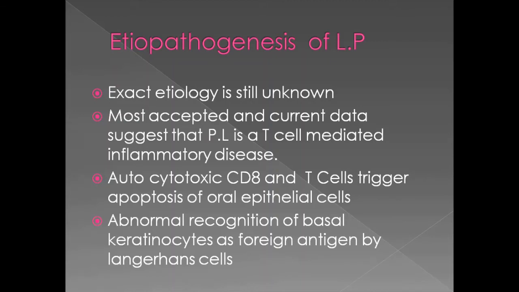There is abnormal recognition of basal keratinocyte as foreign antigen by Langerhans cells. Although it is a complex disease with various etiological backgrounds, I'll be discussing the most accepted theory of the etiopathogenesis of lichen planus.